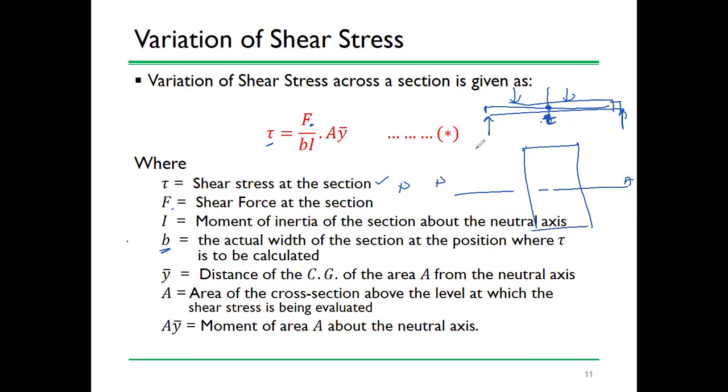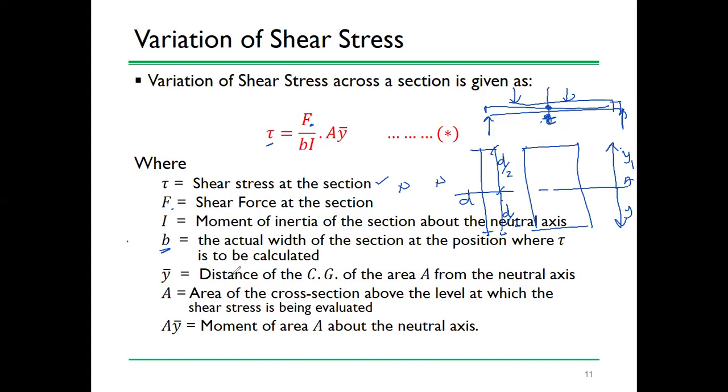This is essentially the D for the rectangular section, and from here to here is D over 2, and from here to here is also D over 2. We have established that we measure Y from the neutral axis, and then from here down, Y. That's what we established in our previous lecture.